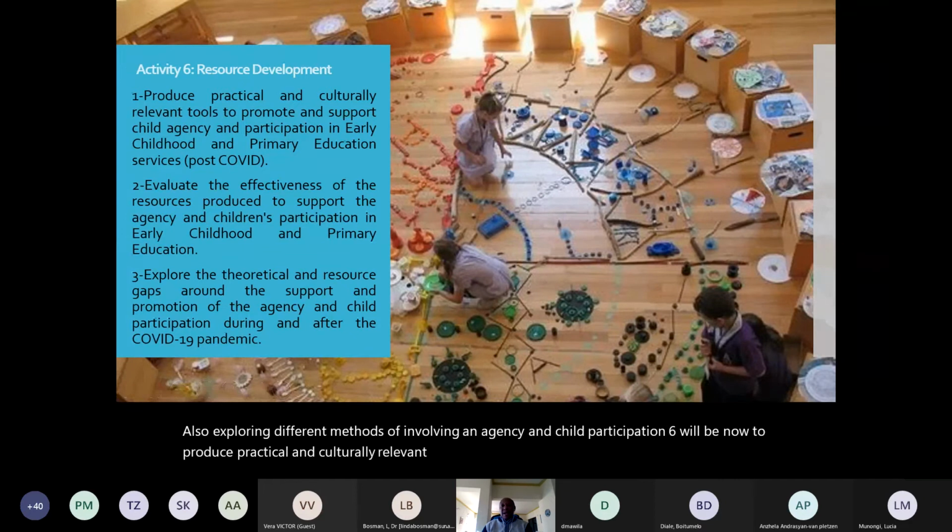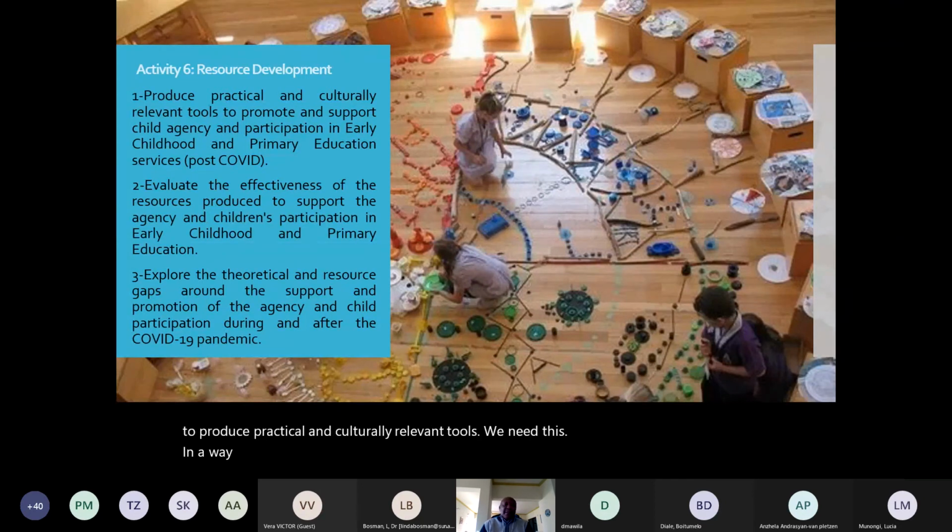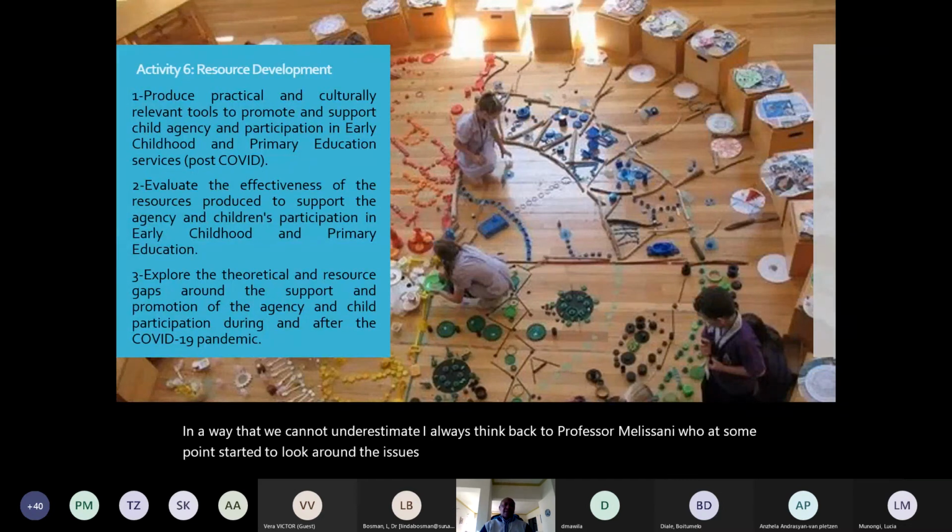Number 6 will be to produce practical and culturally relevant tools. We need this, in a way that we cannot underestimate. I always think back to Professor Muletsane, who at some point started to look around the issues of masikitlane, because these are play things that children have, they are in their system. But have we documented enough of this?